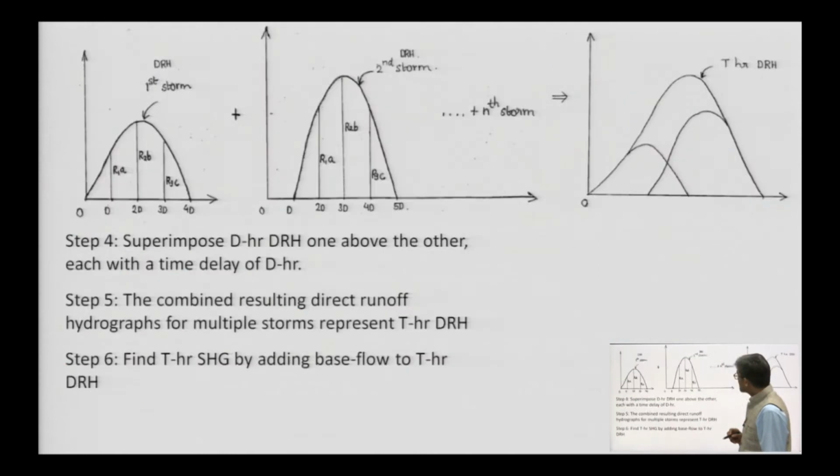Next, step 4. For the first storm, we multiplied by R1.